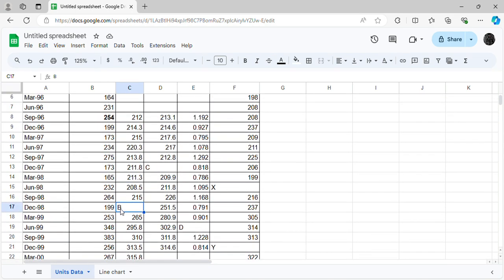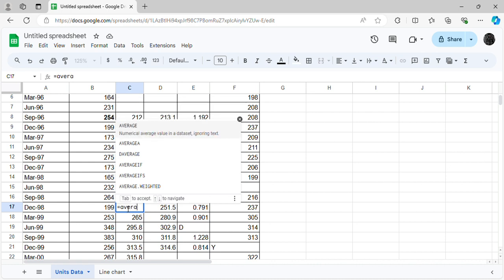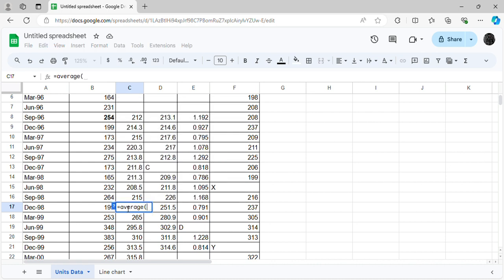So to find B, we find the average of the two past quarters, the value for that quarter, and one future quarter. And that's 237.